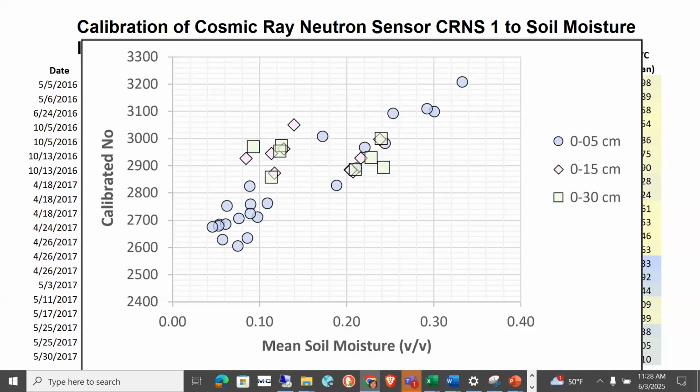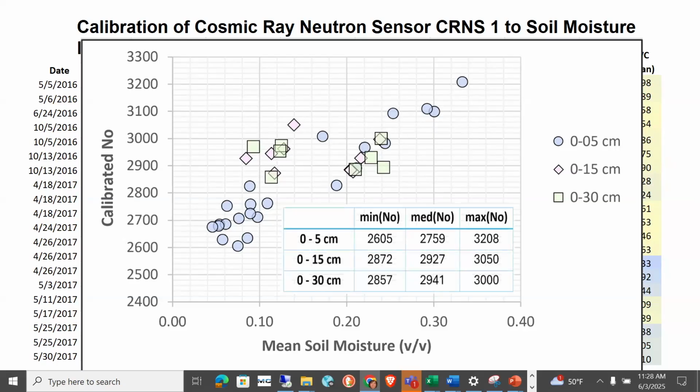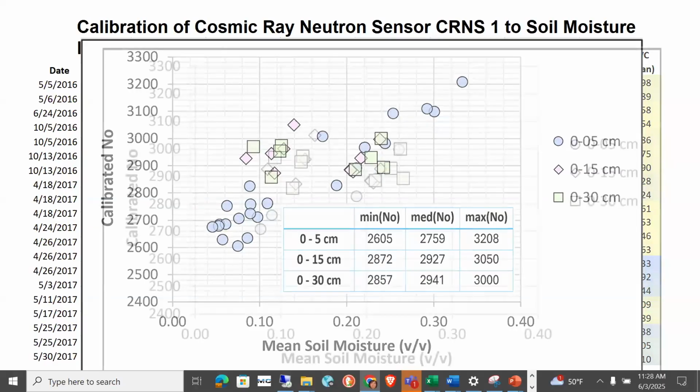But if you look at the 15 and 30 centimeter data, those are much flatter, which is what you would hope for, that our N0 is not varying a lot with the particular moisture state that we're sampling. So this is a range of those numbers, and going from 2,600 to 3,200 is quite a range. And we'll look at how that affects our uncertainty.